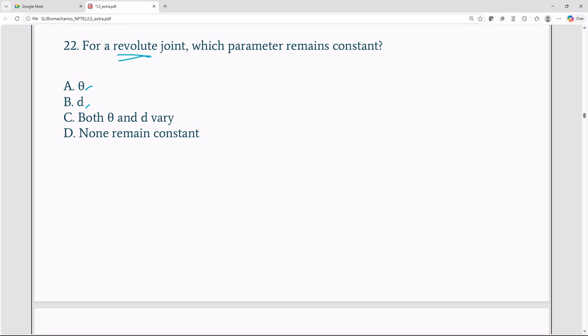Correct answer is option B, that is D. For a revolute joint, only theta varies and D remains constant. So the correct answer is option B.